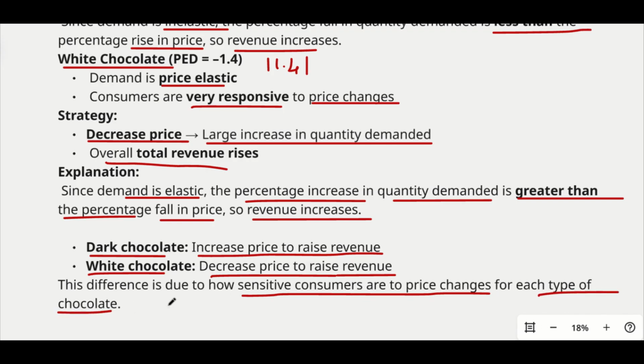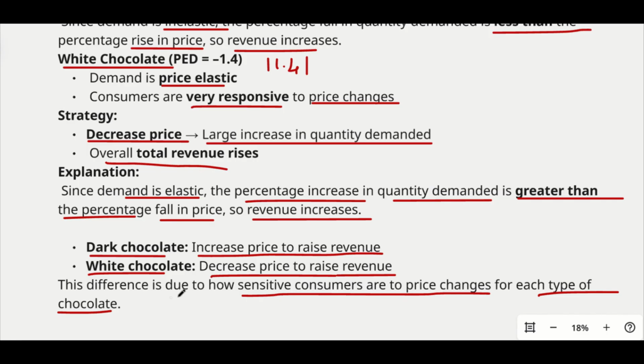Whenever the product is inelastic and you want to increase total revenue, you can increase the price. If the product is elastic, you can't increase the price, because whenever you increase it, your revenue and profit will decrease.